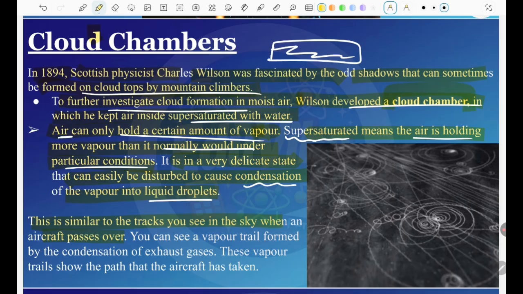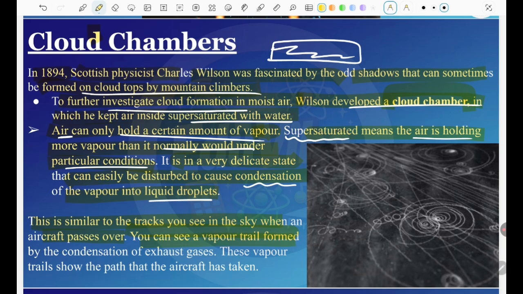With this, they can detect subatomic particles. There are subatomic particles in the air, so they can detect those particles. A similar application is the tracks you can see in the sky when an aircraft passes over: a fog-like white structure, a vapor trail.